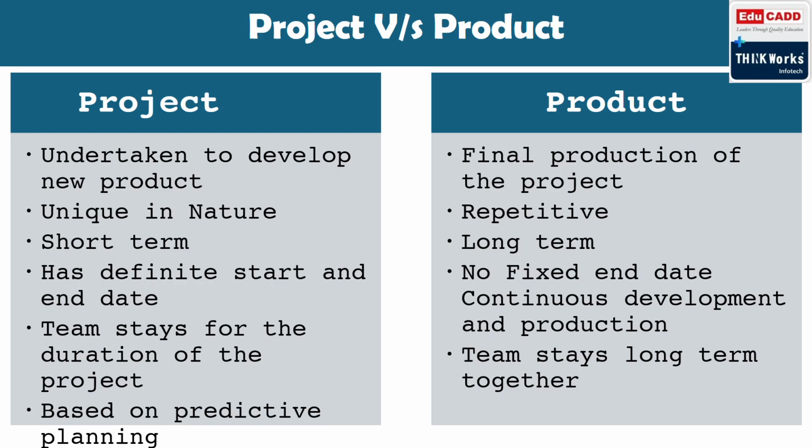A project is based on predictive planning, and a product is based on adaptive planning. So these are the key differences between project and product.